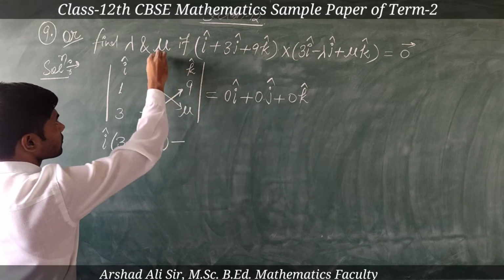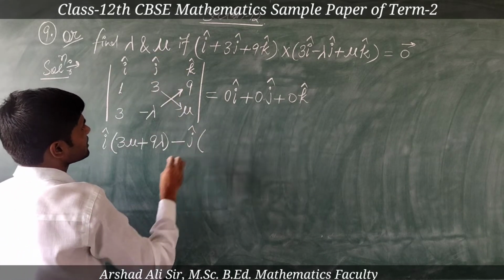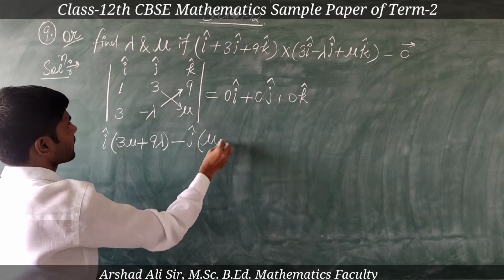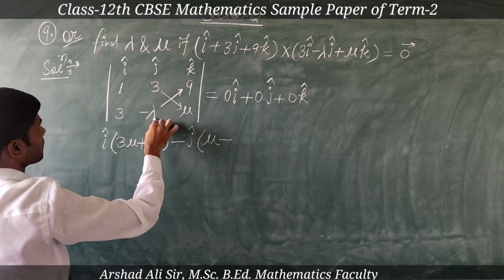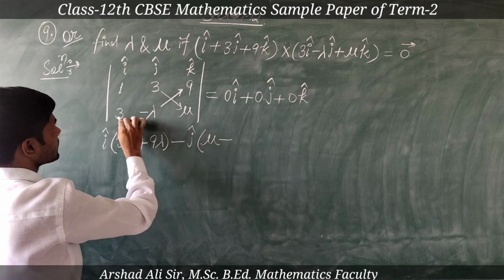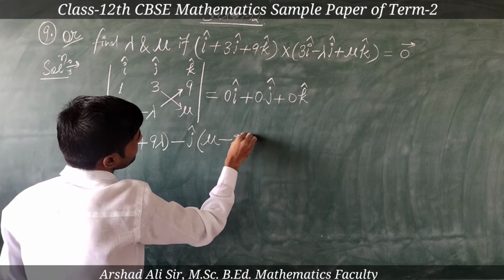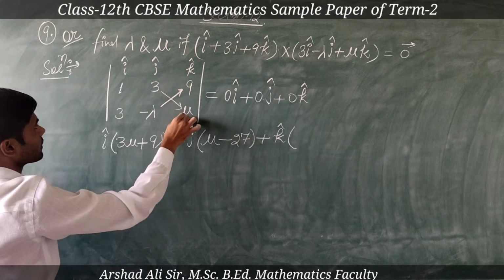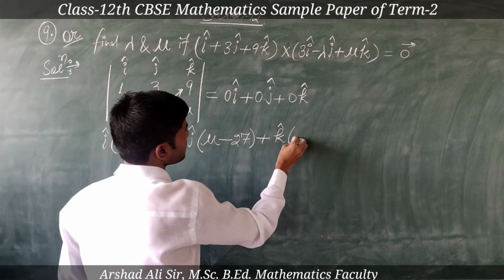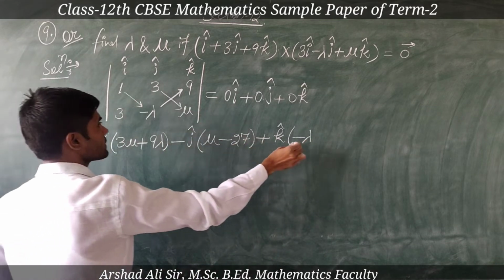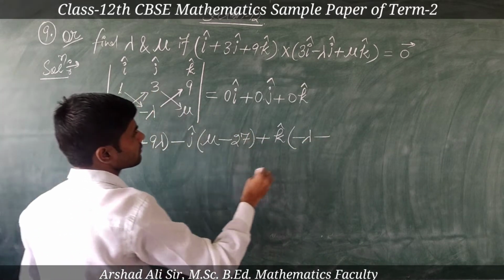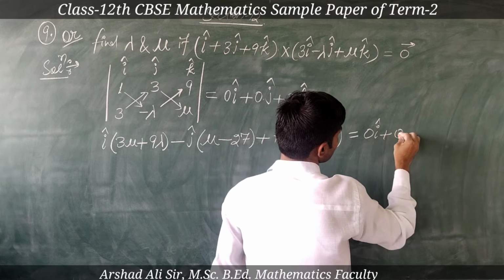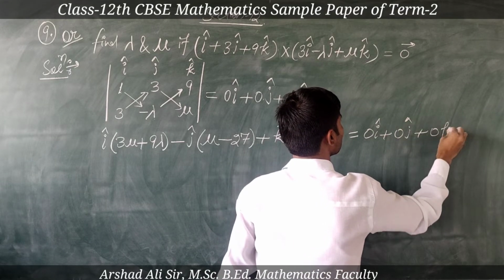Minus j cap, first row, second column: 1 multiply mu, it will be mu, minus 3 multiply 9, it will be 27, plus k cap, first row, third column: 1 multiply minus lambda, it will be minus lambda, minus 3 multiply 3, it will be 9, is equal to 0 i cap plus 0 j cap plus 0 k cap.